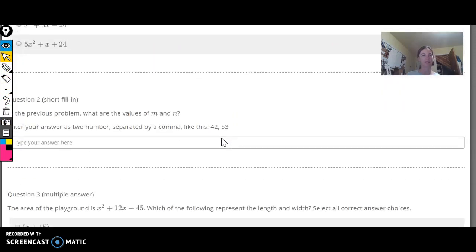Okay, question 2. In the previous problem, what are the values of m and n? Like I just said, when I didn't have to find those values, now I do. So remember, it was x squared minus 5x minus 24, okay?